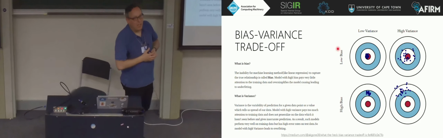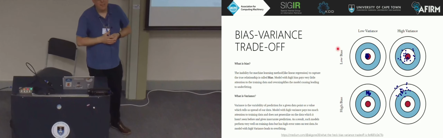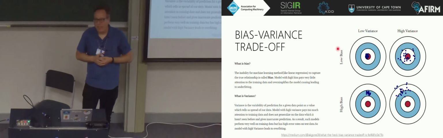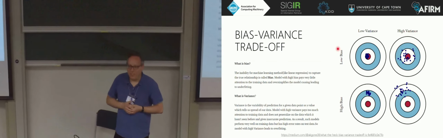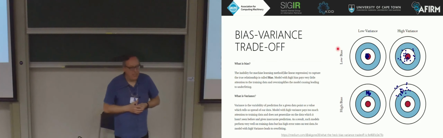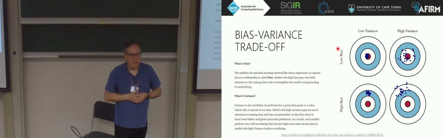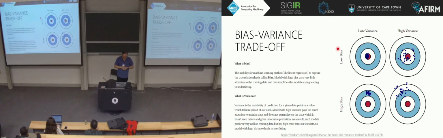One of the other weird things about this: when I was talking to a colleague of mine who's a machine learning guy, he said one of the few things he would teach people about machine learning was the bias variance trade-off.